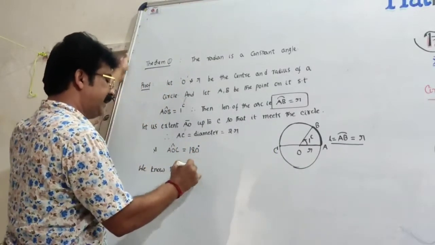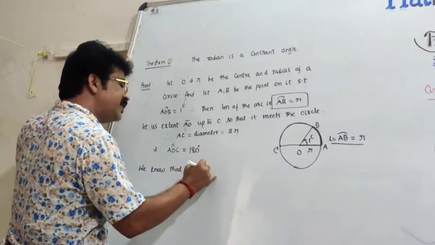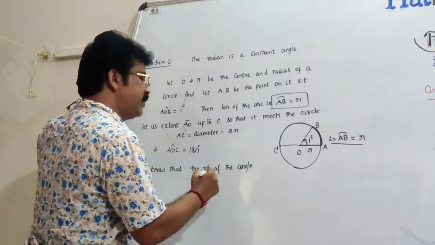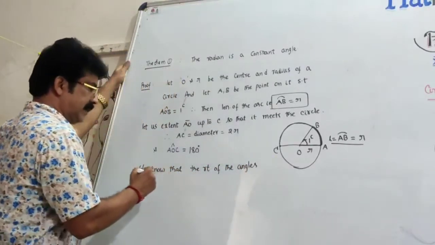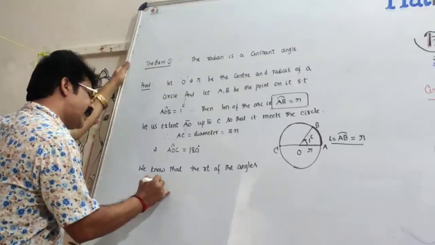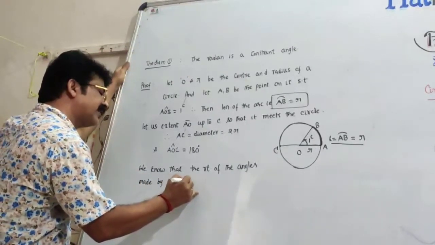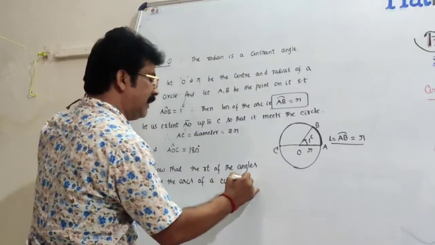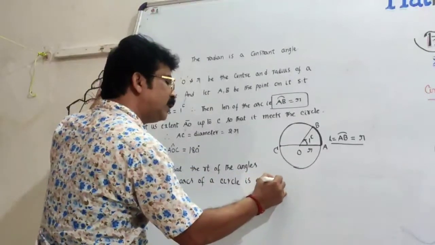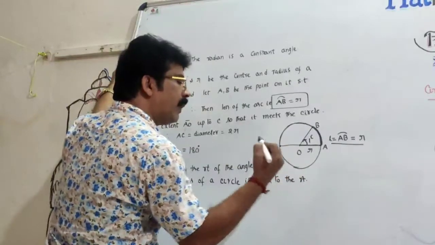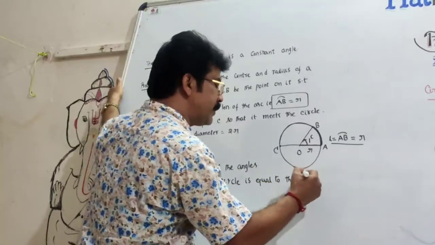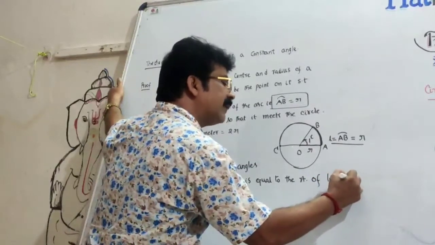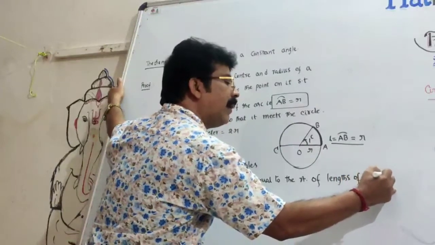We know that the ratio of the angles made by the arcs of a circle is equal to the ratio of the lengths of the arcs.